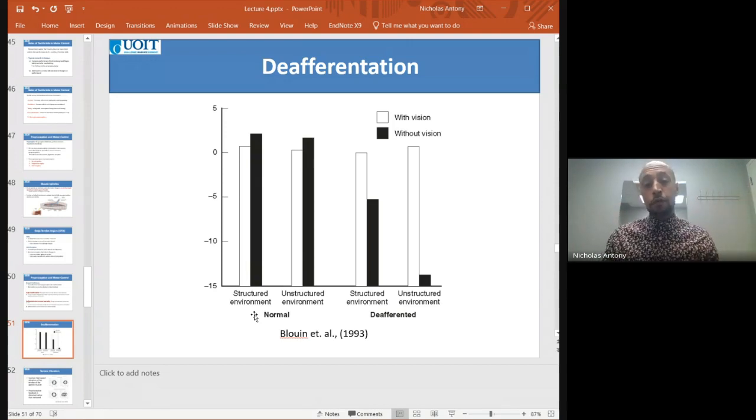And so what they found was that when the person had no proprioception for reaching and pointing, they had a decrease in ability when you took vision away. When you had vision, the performance decreased just a little bit. But when you remove vision, their performance was terrible.